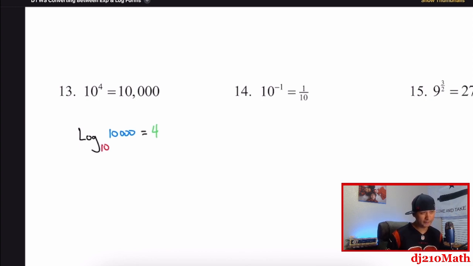So normally you don't put the 10. I know I keep writing it because I guess we're still learning. But on this next one, I definitely ain't putting the 10. So log, no base, it's implied that it's 10, of 1/10 equals -1. Right, when you don't put anything, it's implied that there's a 10 there.